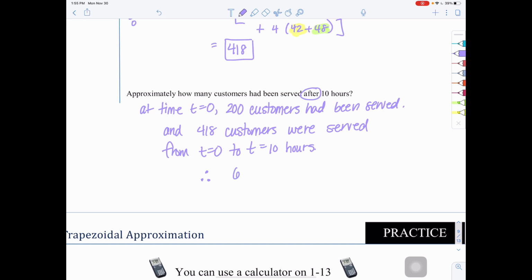Therefore, 618 customers were served after 10 hours.